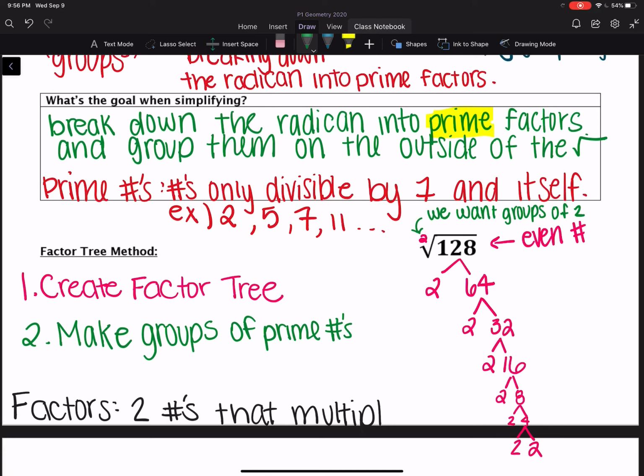So I want groups of 2 here, or I want to make pairs. So I can think of grouping or separating all of these prime numbers into groups here.